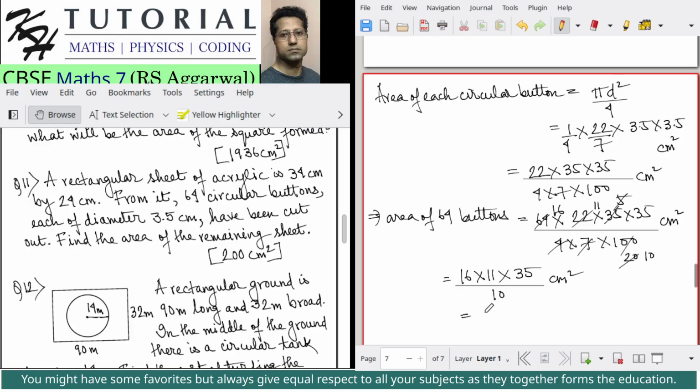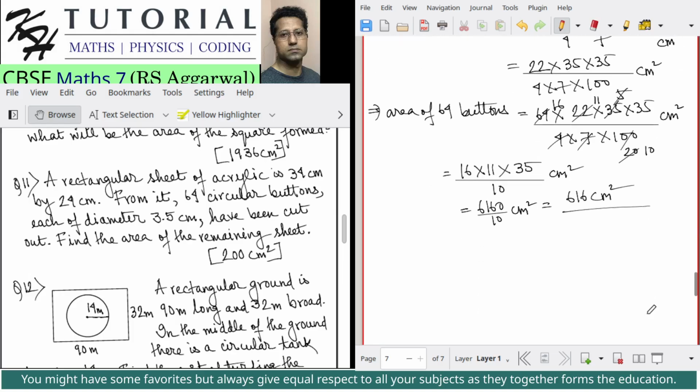What will be 16 multiplied by 11 multiplied by 35? It is 6160. So this is 6160 by 10 centimeter square, which is equal to 616 centimeter square. So this is the area of 64 buttons.